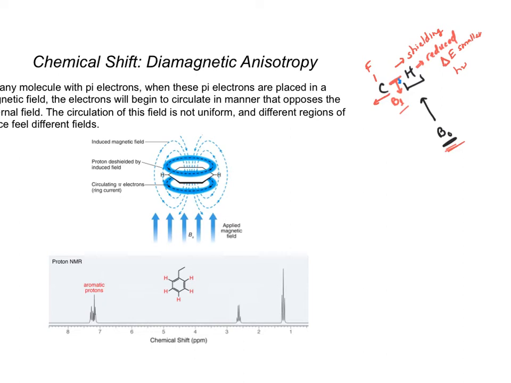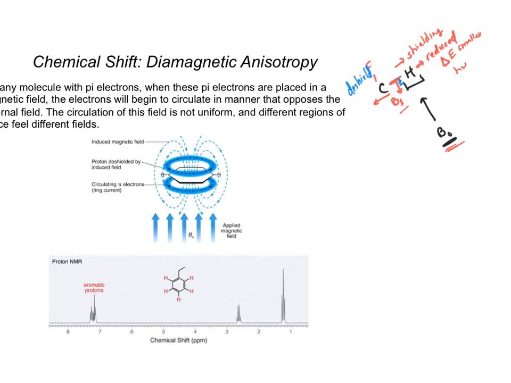So because of that, they had a larger energy gap because they felt a larger field because a lot of that electron density was withdrawn. They didn't produce as large of a local magnetic field. That process, of course, was called deshielding, right? So electrons shield the nuclei. If we remove them via inductive effects, we deshield them.